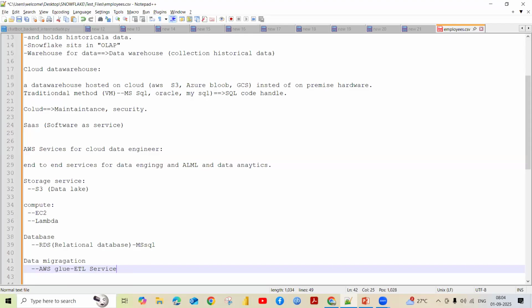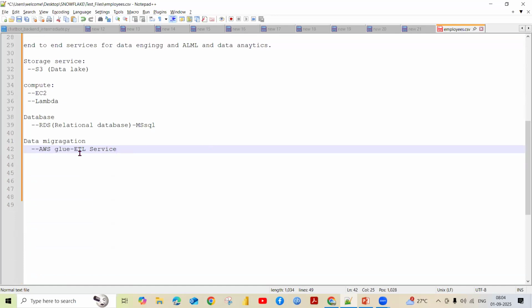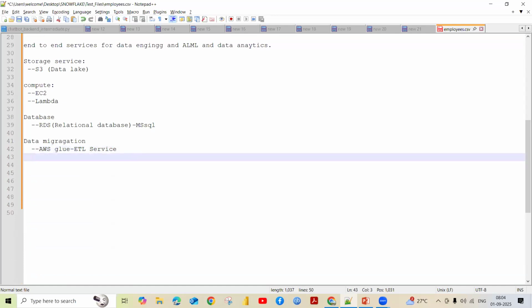All the ETL-related activities, data extraction, transformation, and loading, can be done using this particular service, which we will explain in this course. And then we have Kinesis.